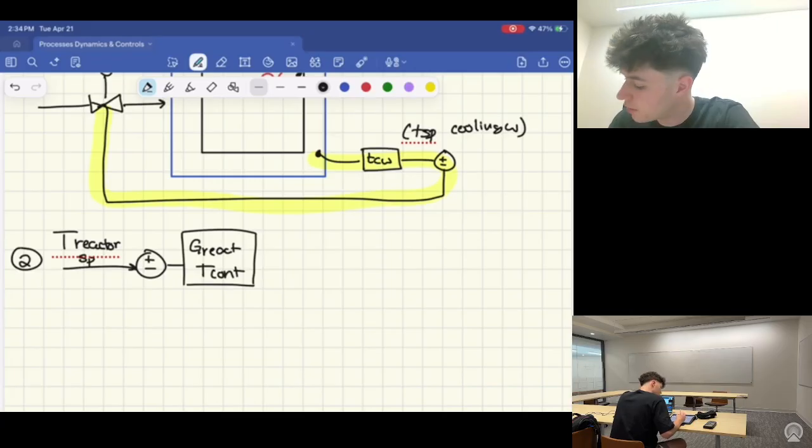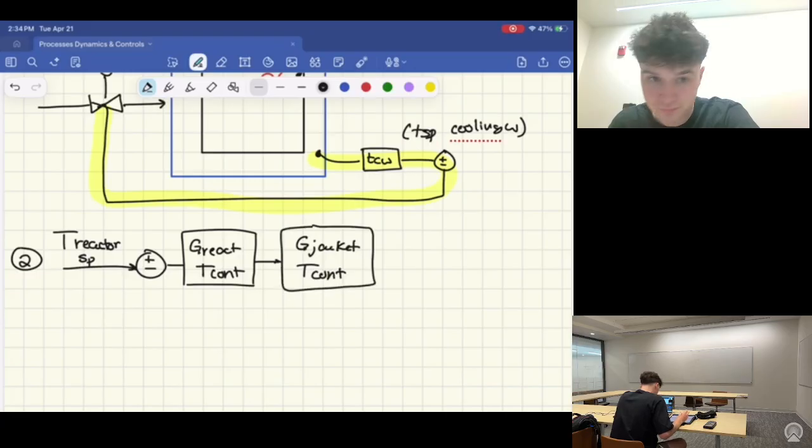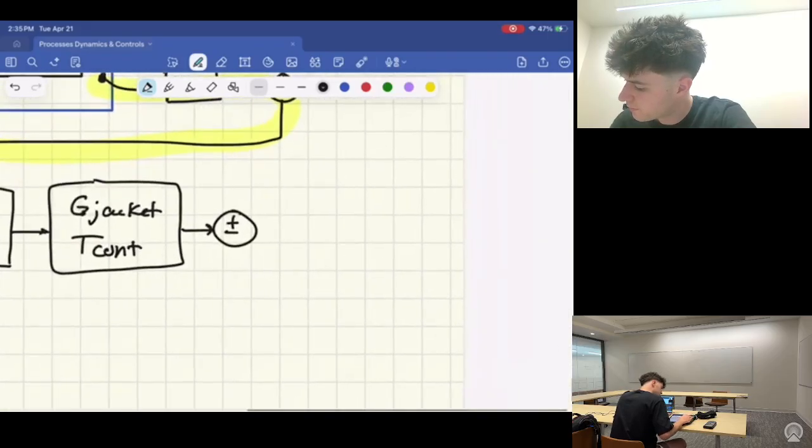And from this box, you're going to go into another box, which is the G of the cooling jacket above the temperature controller. From here, you guessed it, another controller. Okay, just deleted it for some reason.